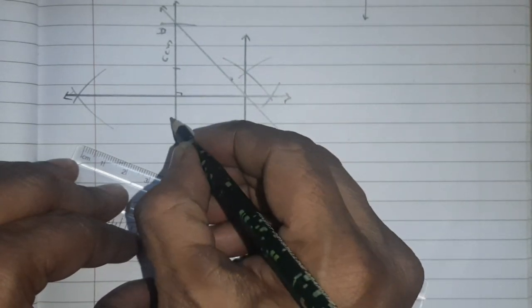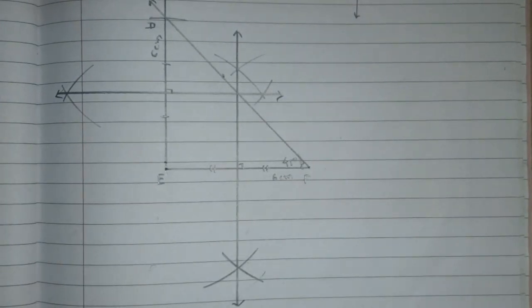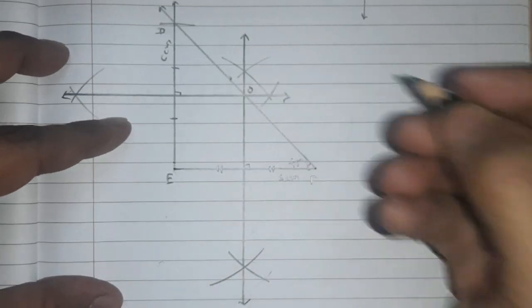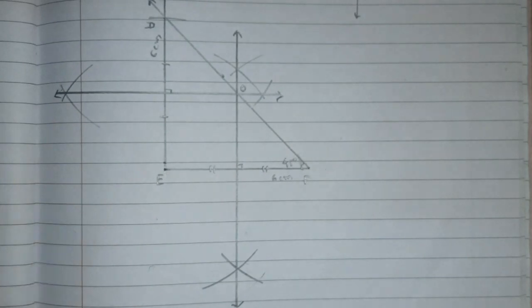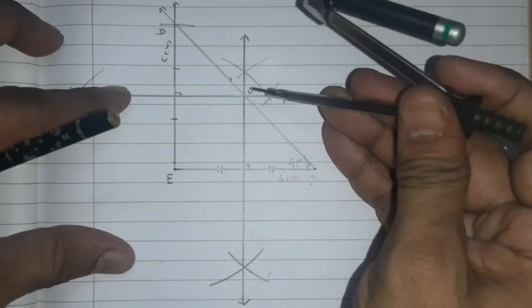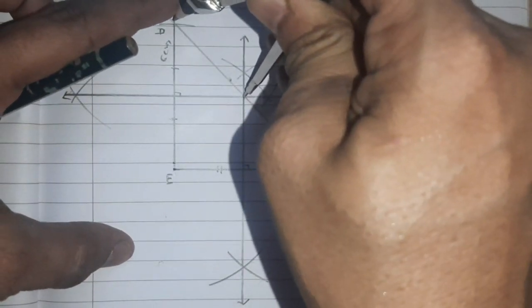Therefore, we have to make the marking like this. Now, see the point of intersection. Point of intersection is here. It is the center of circumcircle. Put the metal point on O and take a distance OD.